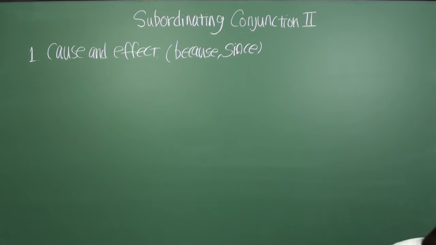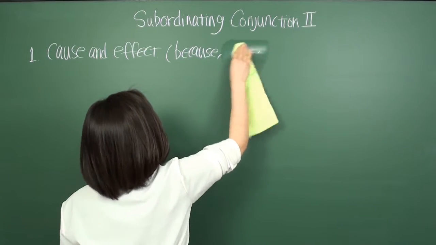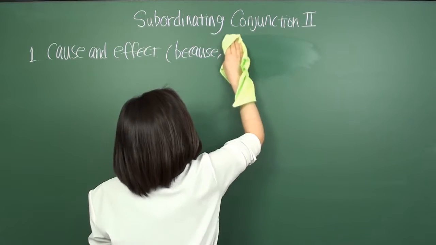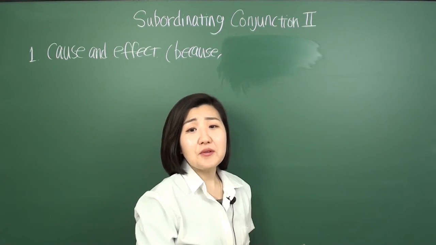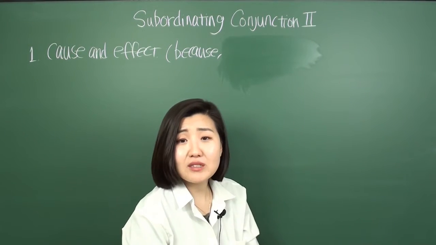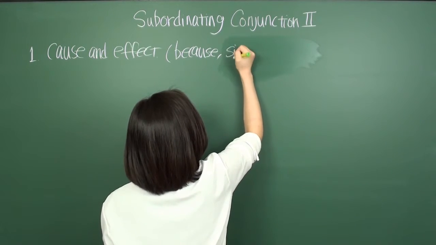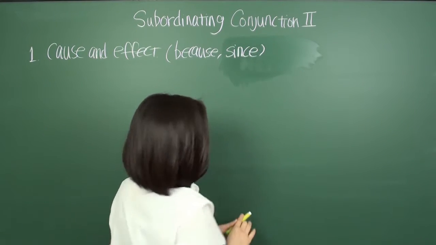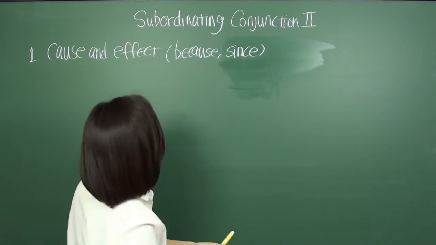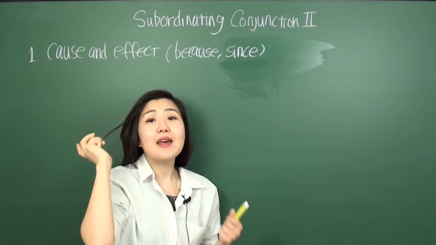I hope it is. Okay, so we use because and since, these kinds of subordinating conjunctions. You might say, teacher, I wrote this last time, but just write it again so that you can remember it more and remember it better. And then what is the second group of subordinating conjunctions?